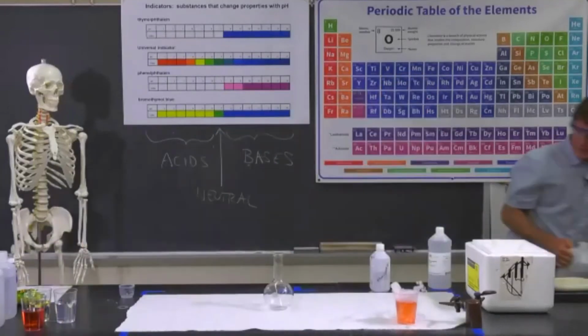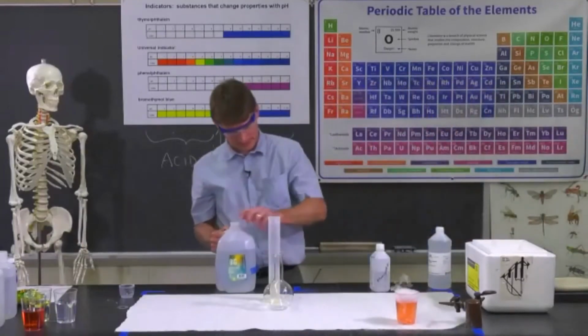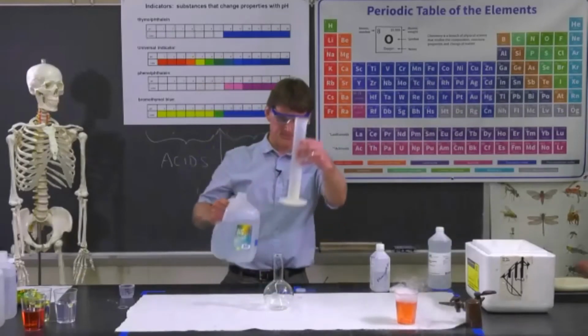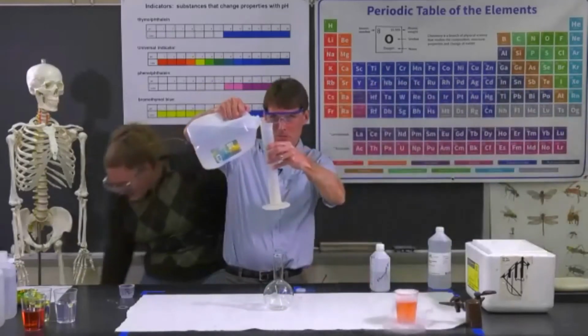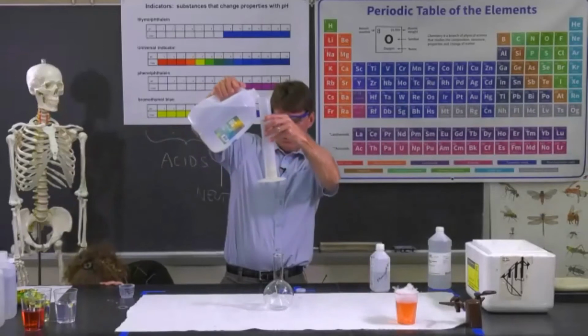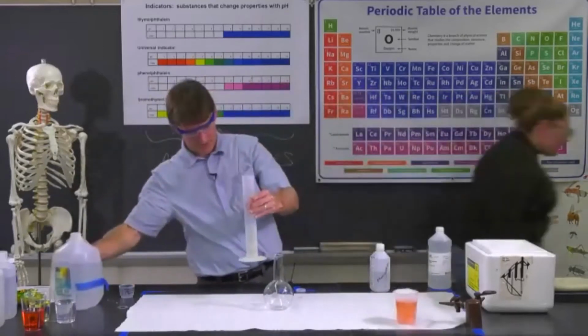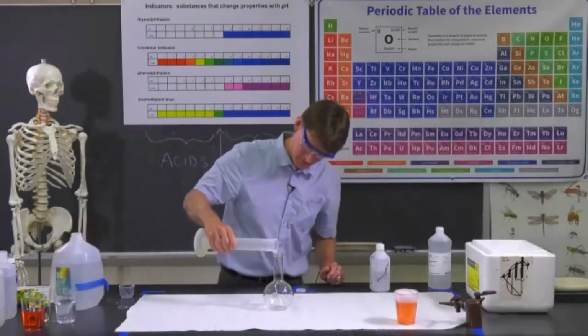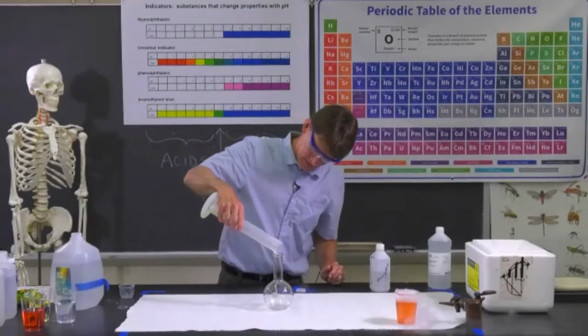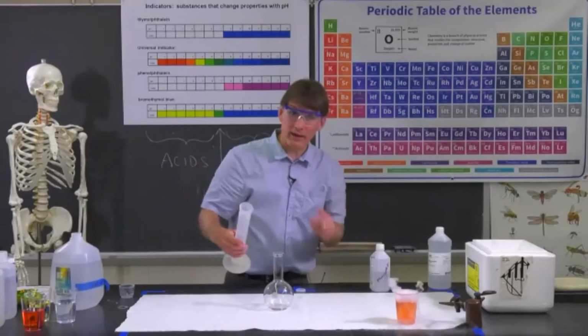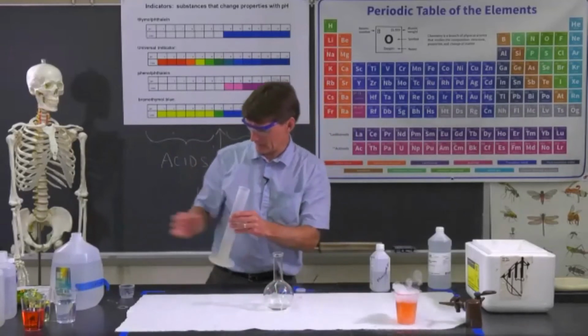So what I'm adding here is some base to this bottle. What do we got? That's about 25 mils. That's pretty good. So we'll pop this in there. Yep. So I've added base to this flask.